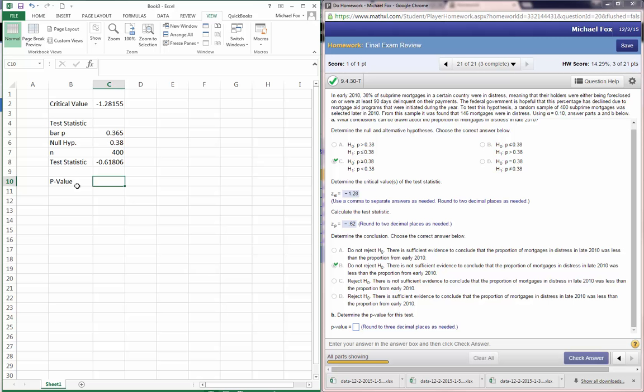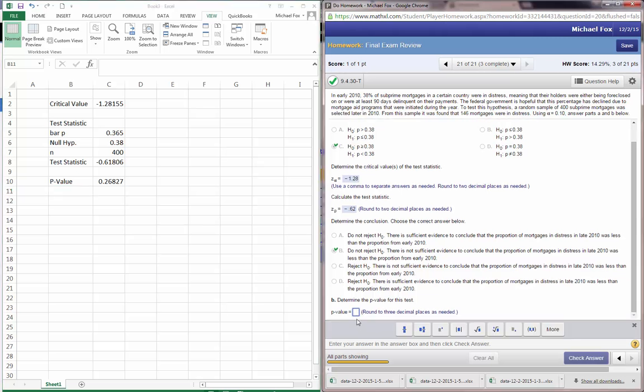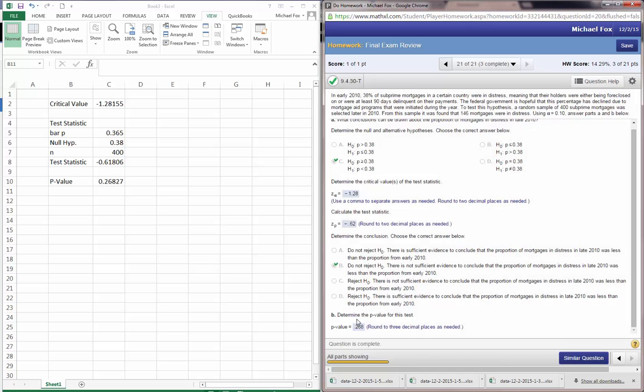So this is going to equal norm.s.dist of the test statistic, comma true. And since this is just a one-tailed test, yeah, that'll be our answer. If it were two-tailed, we'd have to double it, right? They want 3 decimal places, so it's 0.268. There we go. That is 21 of 21.